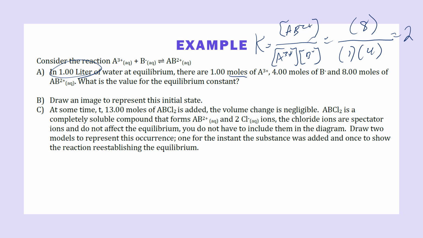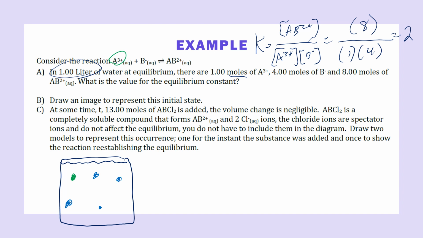Okay. Draw an image to represent this initial state. So let's go ahead and draw our container. We're going to assume it's filled with water. And then we have 1 mole of A. I'll use green for A. So just 1 mole of that. We have 4 moles of B, blue.